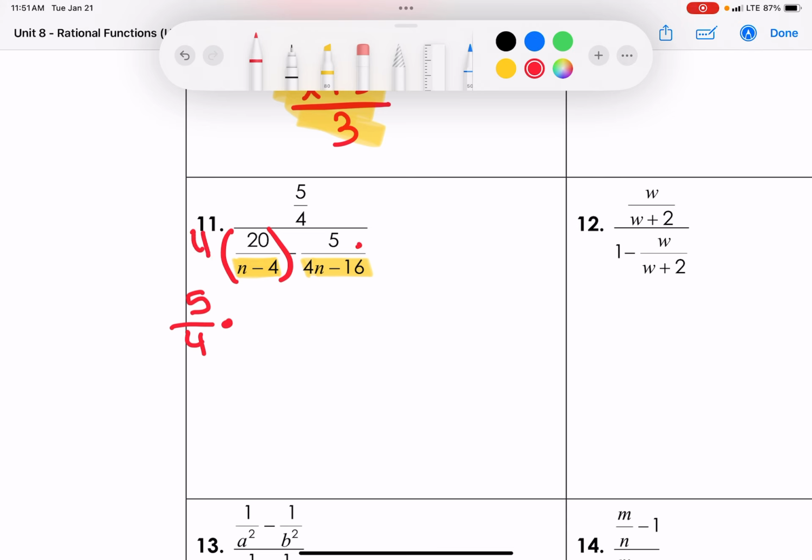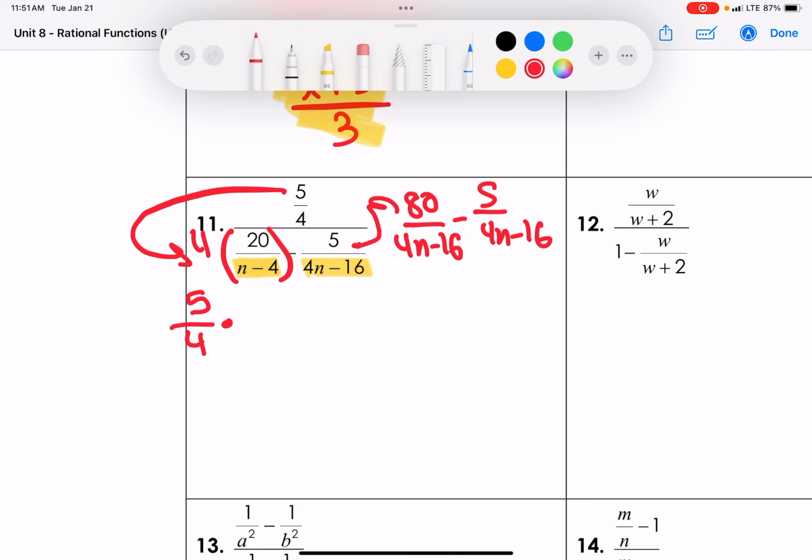When I do that, now I have 80 over 4n minus 16 minus 5 over 4n minus 16. Now they have the same denominator, right? So when I go to multiply times the reciprocal, I'm going this times the reciprocal of that, 4n minus 16.